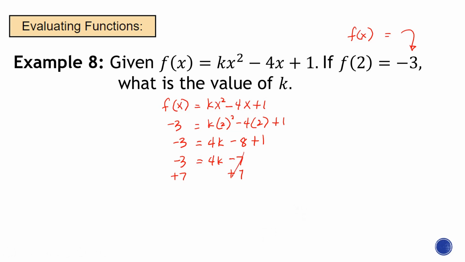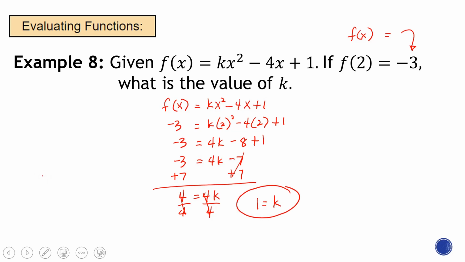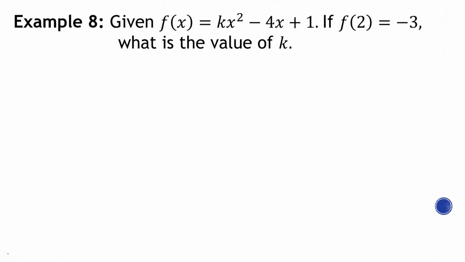So we can cross that out. This is 4 equals 4k. And then divide by 4, divide by 4. So k is equal to 1. There you go. So that's how we solve problems involving function notation.